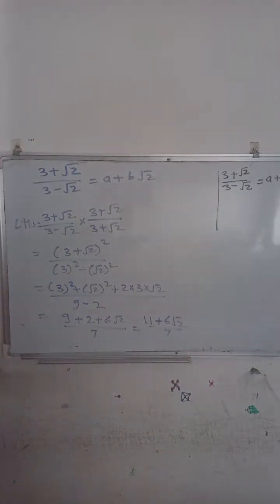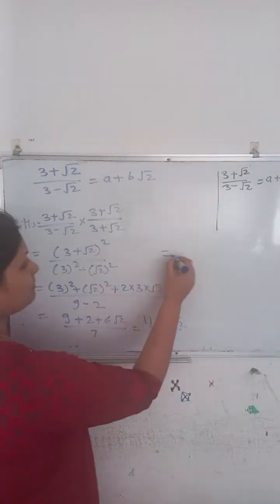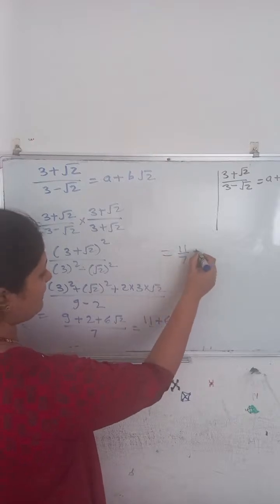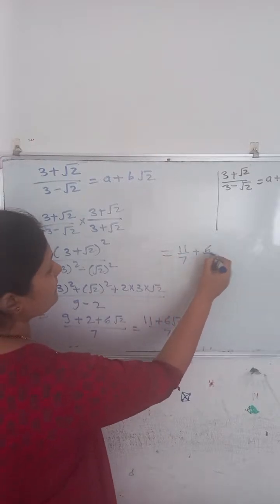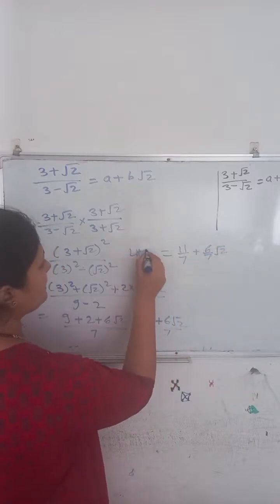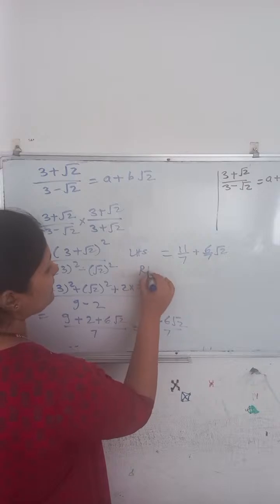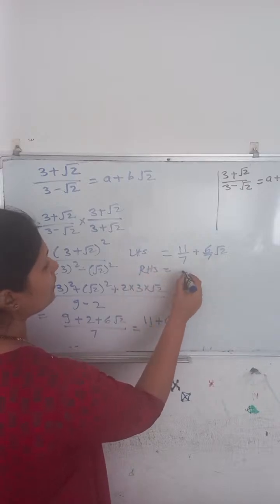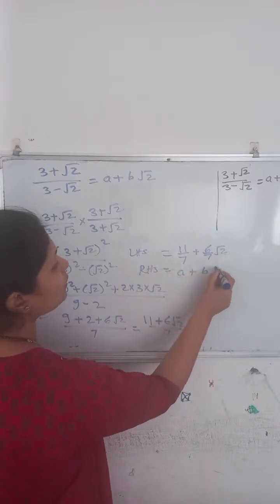Getting this? So we can split this as 11 by 7 plus 6 by 7 root 2. This is nothing but my LHS. Okay, and they are saying RHS is equal to a plus b root 2.